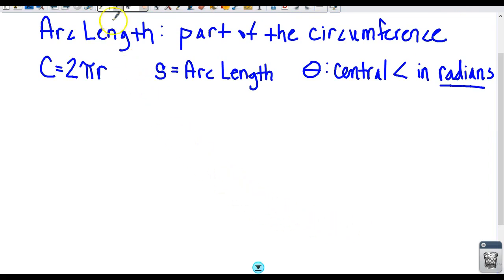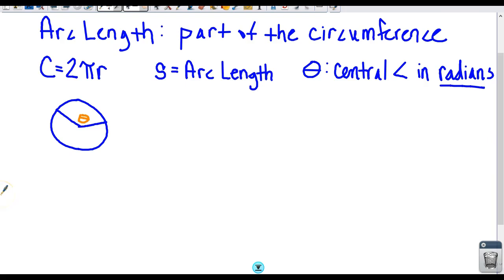So if I have a circle, here's my circle. Remember, the central angle is just an angle whose vertex is at the center of the circle, right? If I'm standing in your way, just tell me to move. This right here is theta.